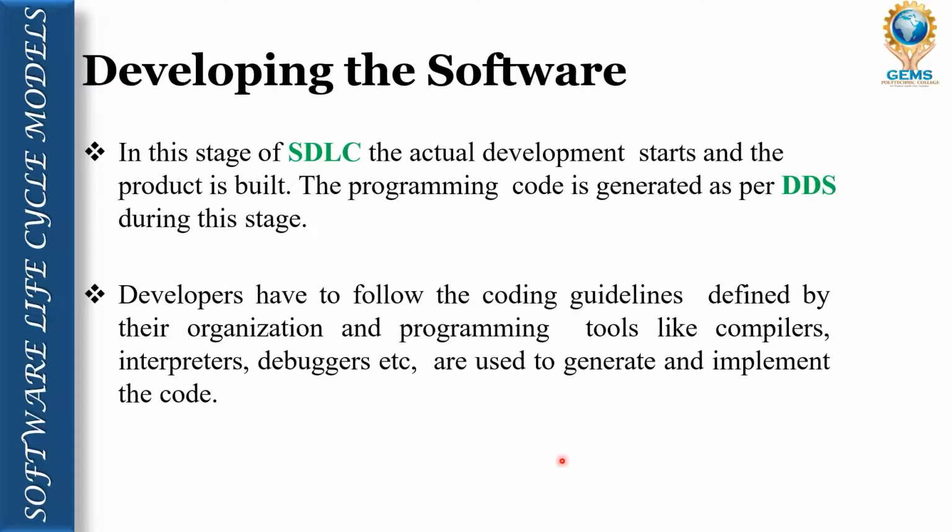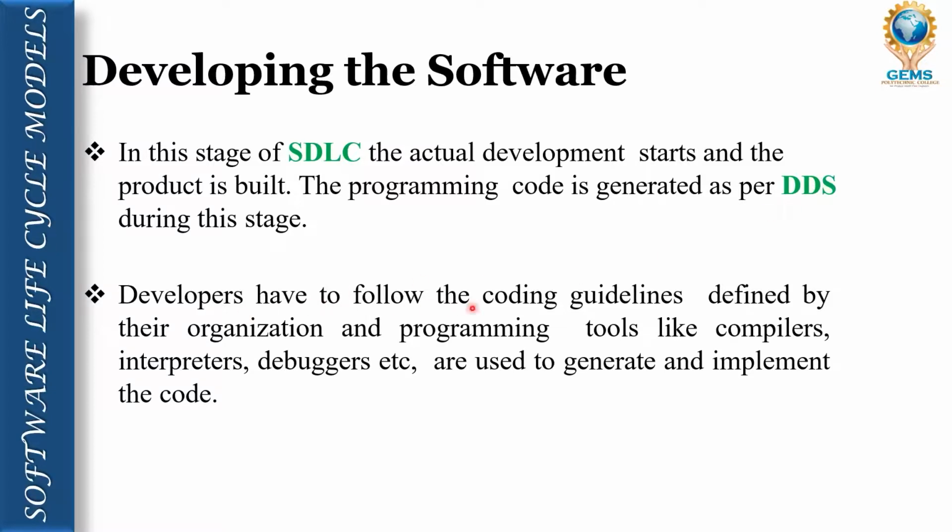Now based on the designing part, the development, that means coding, will start. The programming code is generated as per the DDS during this stage. As I told you, DDS means Design Document Specification. So based on this, the development team starts to do the coding.